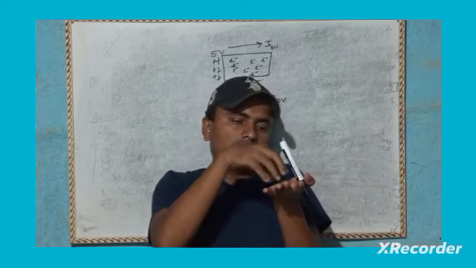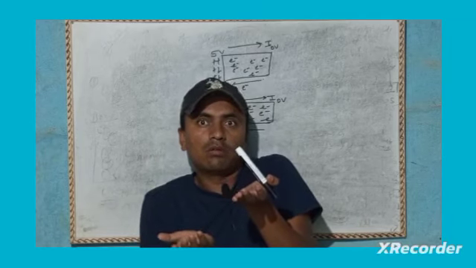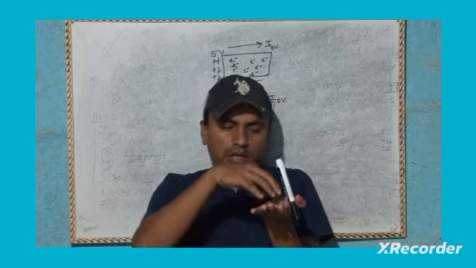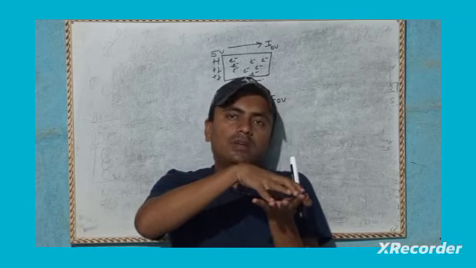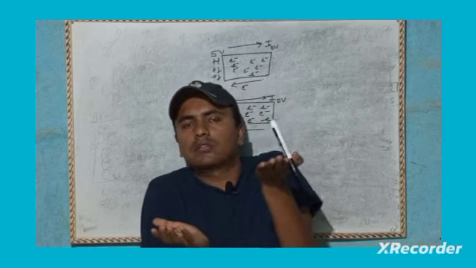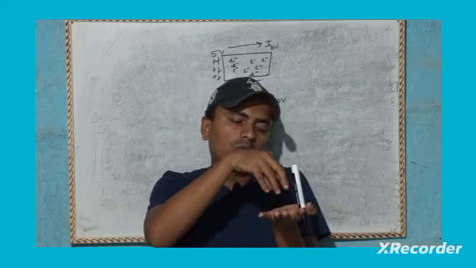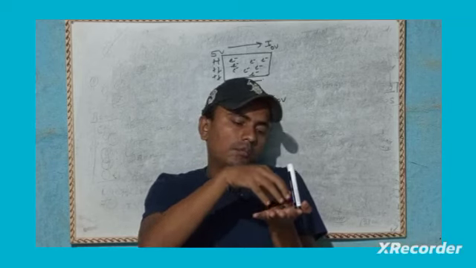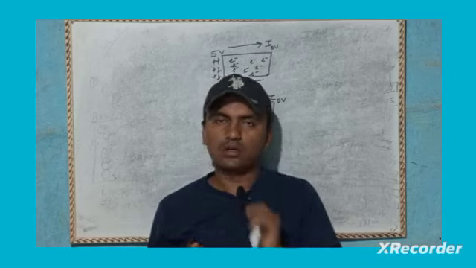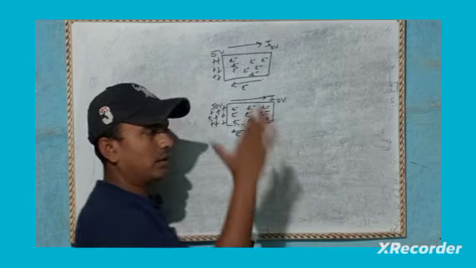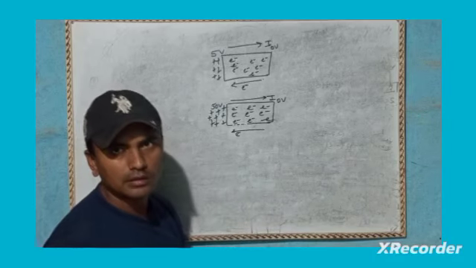Suppose in another bucket there are 50 liters, then the flow speed of water is more compared to the previous. If there is more water at the same height, the speed of flow is different.